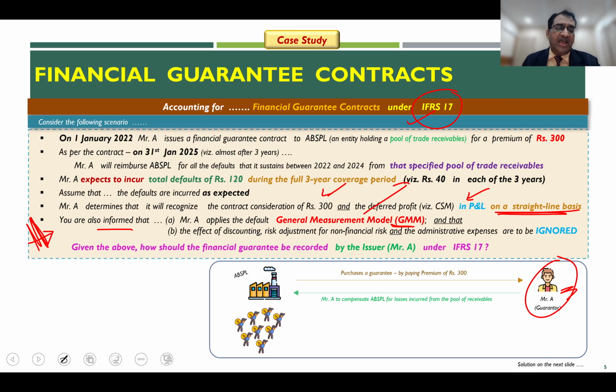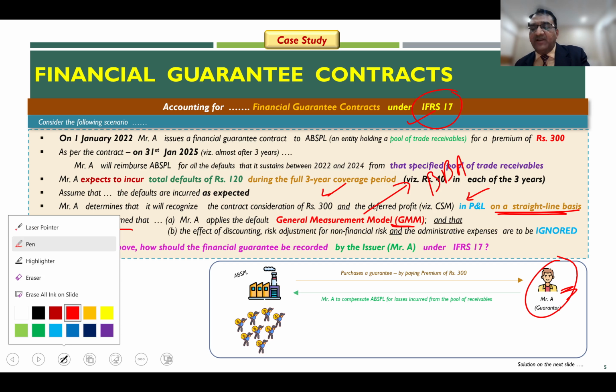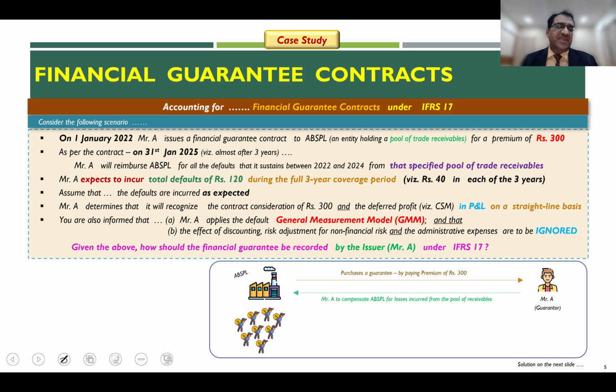It is also known as the building blocks approach, BBA. Of course, we will cover Ind AS 117 and IFRS 17 in greater detail in a series of videos, but I'll conceptually explain in this case study how this particular GMM model works at a very intuitive level.